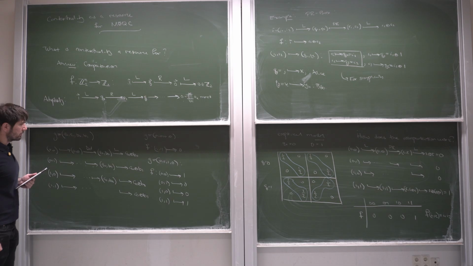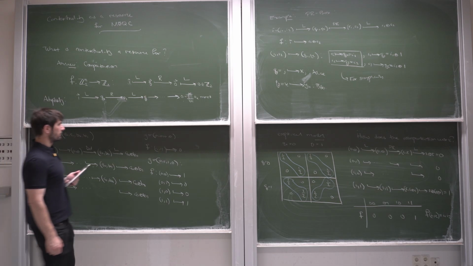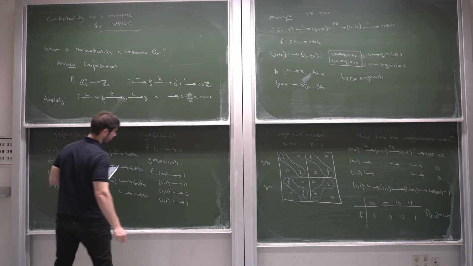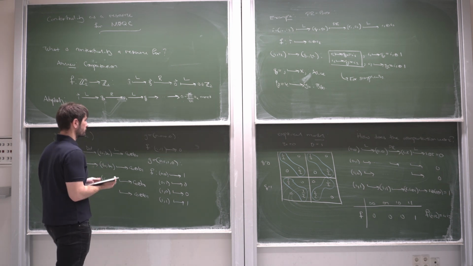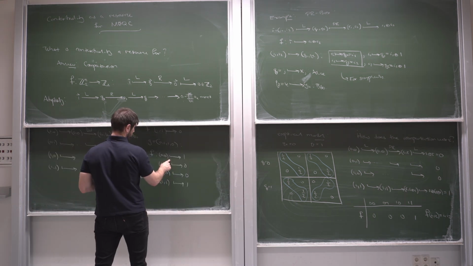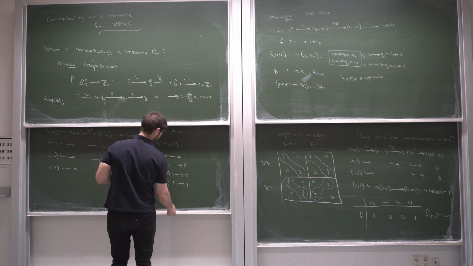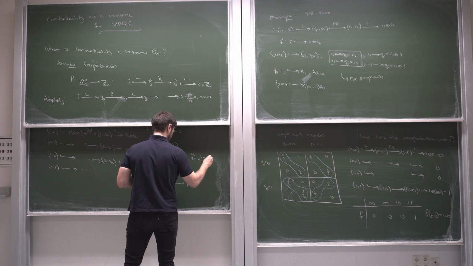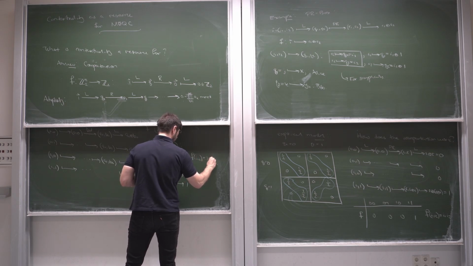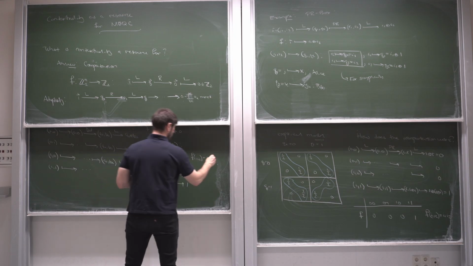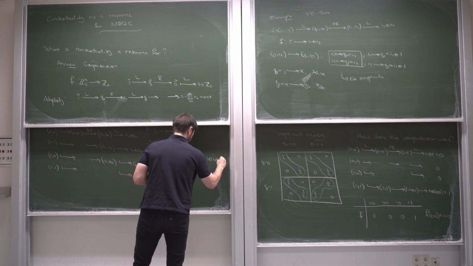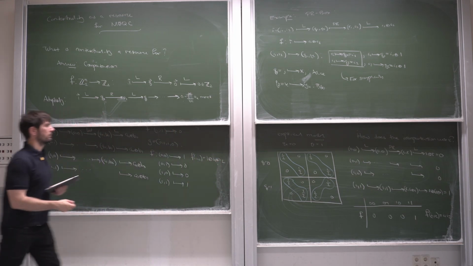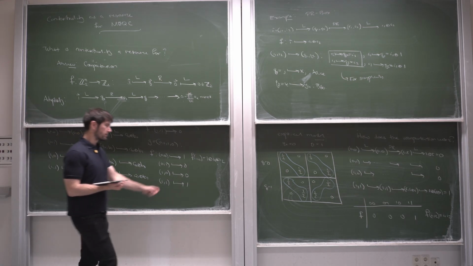So let's see, what is this function? It looks like it's something like f of I1, I2 is equal to 1 plus I1 plus I2. For example, I think that works.